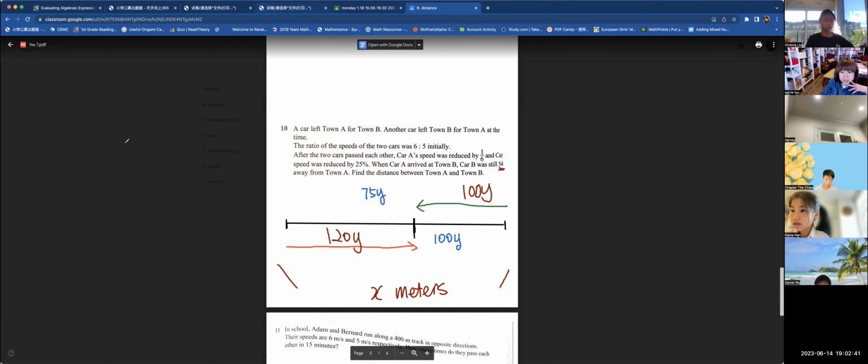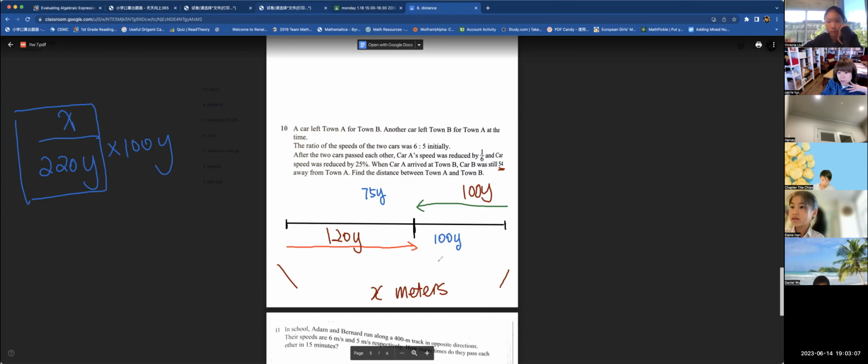Okay, so now let's take a look at this one. So what is the time? What is the speed? So x divided by 220y, this is the time, right? And multiplied by 100y, correct, everybody? I want you to tell me x divided by 220y equals what? 因为这个是距离，对不对？Divided by 时间 divided by speed.